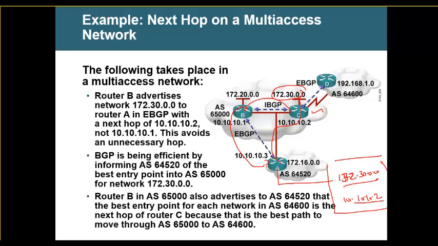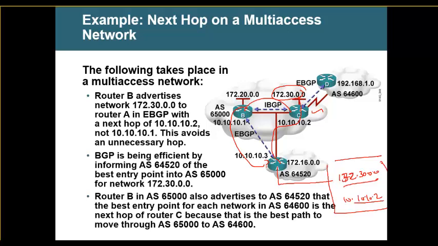My question. So A to C, C is a neighbor, direct connection. There's no problem. No. C is not a neighbor to A. A and B are neighbors. See the EBGP arrow mark, blue color arrow mark. A and B are neighbors. B and C are neighbors. So now C is advertising a network. What is the network? 172.30.0.0.